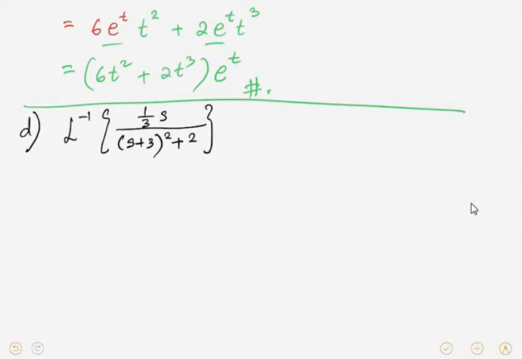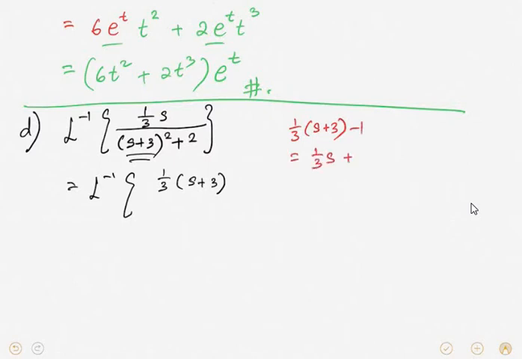That's why we change to 1 over 3 multiplied with s plus 3. So this one, we change it to 1 over 3. We follow this one, s plus 3. And then if you look at this one, 1 over s plus 3 minus 1, what we get? 1 over 3 s plus 1 minus 1.